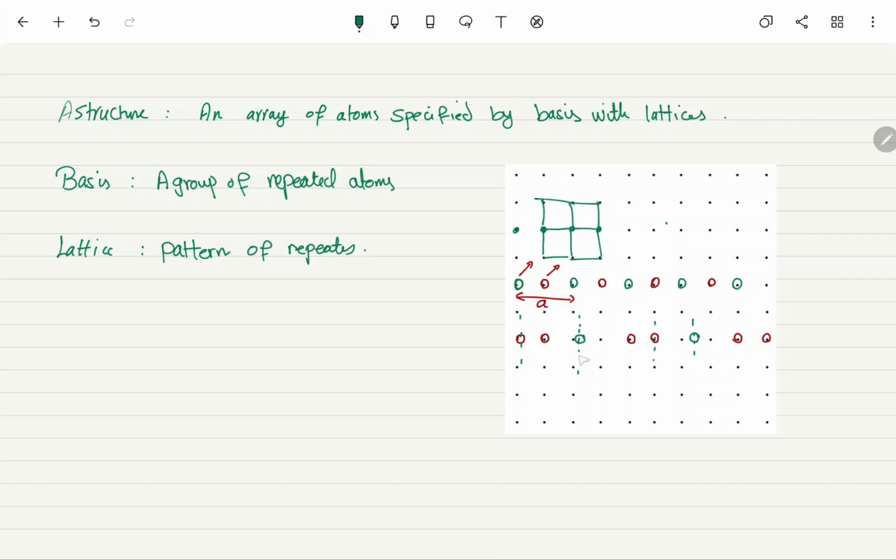So the repeated structure, this one here, is the primitive cell in this case, which is A.